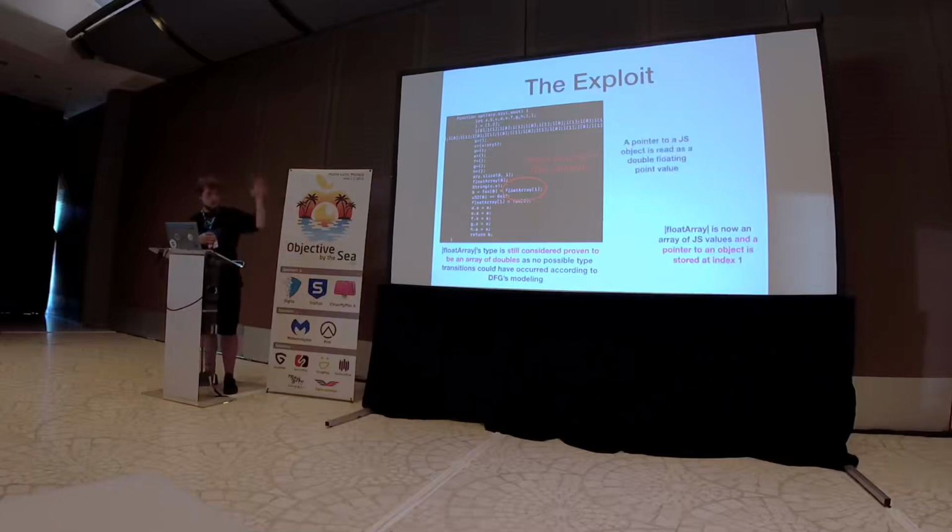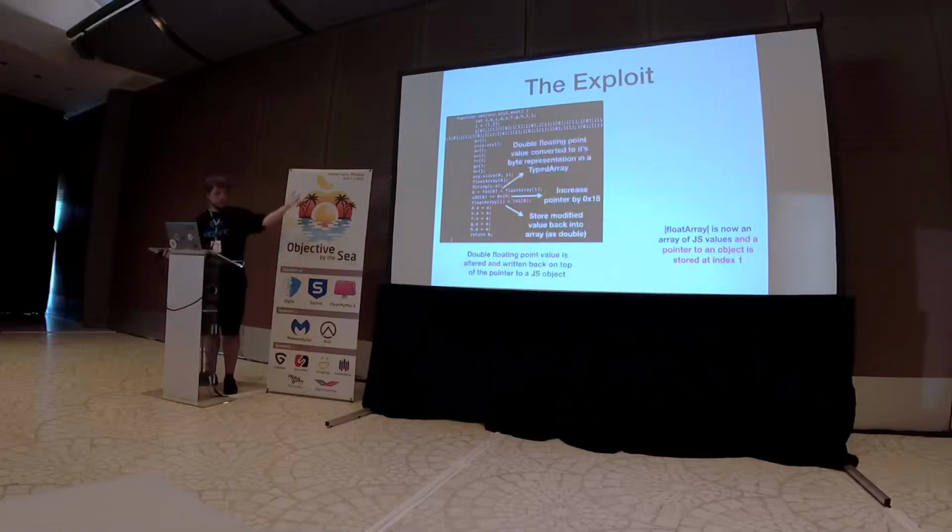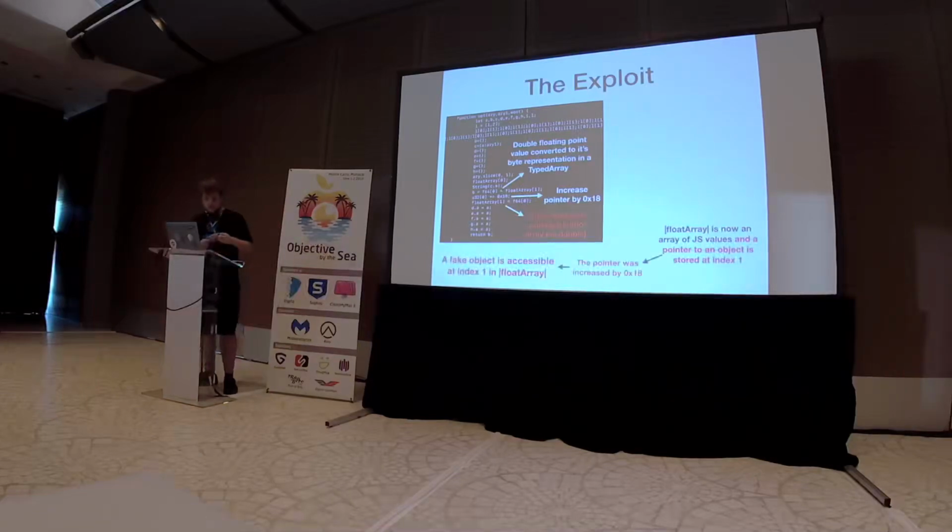And so this is actually an addrof equivalent type confusion, which allows us to info-leak any JavaScript object pointer as a double value. Then we can just convert it into an integer by using typed arrays and do integer arithmetic on it, and then store it back inside the array, still as a double. And yes, when we do that, we have a fake object that's accessible at index 1 in our array.